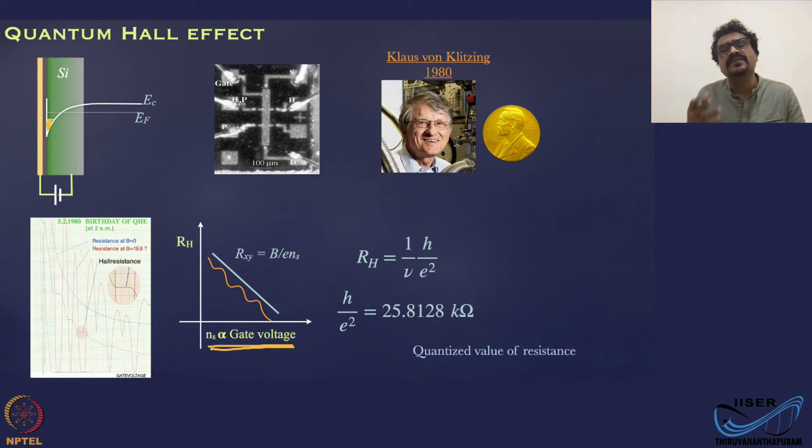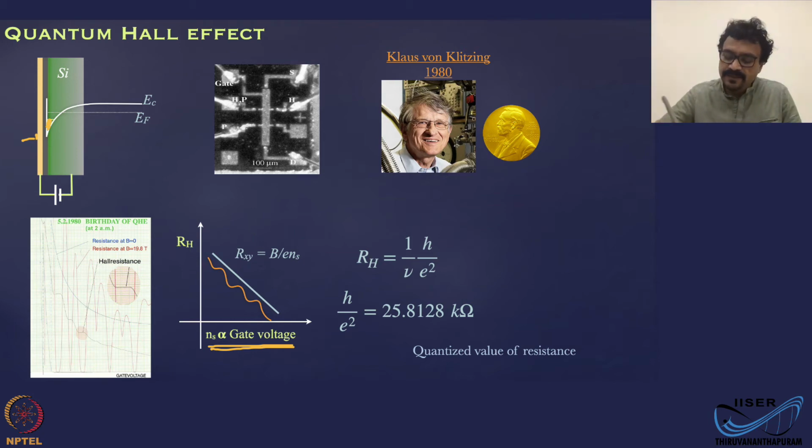You can think it's like a capacitor, where you are applying a voltage on this capacitor plate, and the second plate of the capacitor is the two-dimensional electron system. So the number of electrons, which is the charge Q on the capacitor plate, is basically proportional to the voltage on the capacitor plate. Okay, that is the gate voltage.